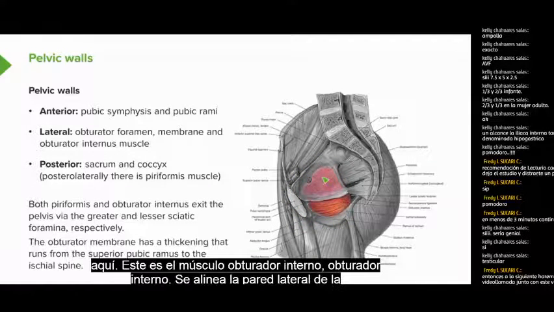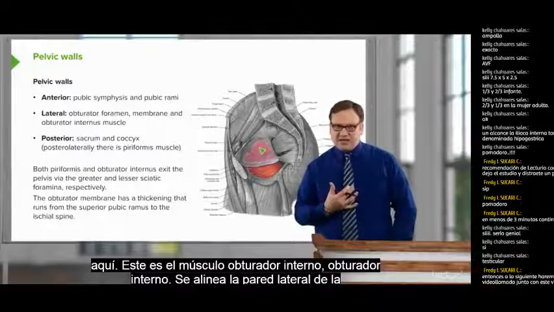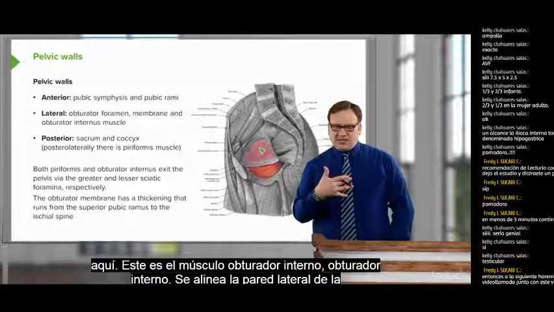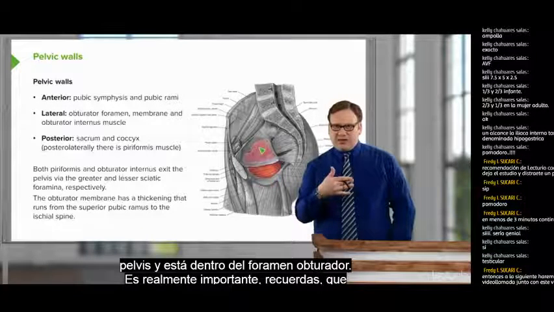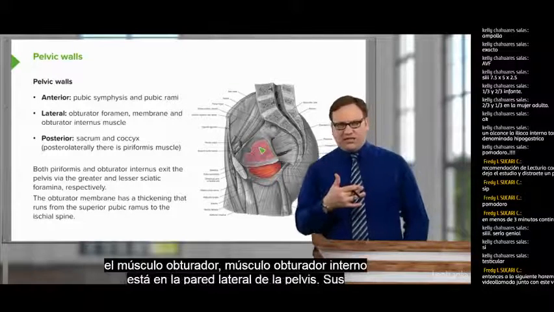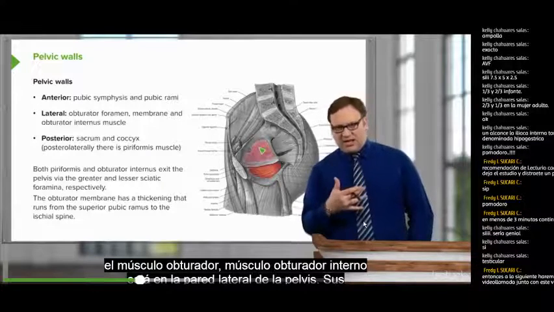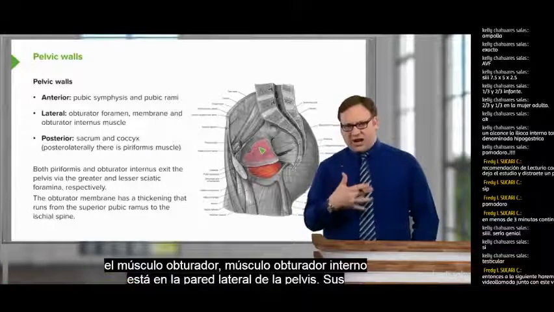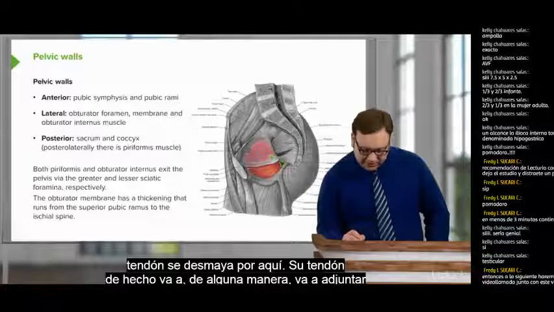This is obturator internus muscle. Obturator internus. It lines the lateral wall of the pelvis, and it's within the obturator foramen. It's really important you remember that the obturator internus muscle is on the lateral wall of the pelvis. Its tendon passes out through here.